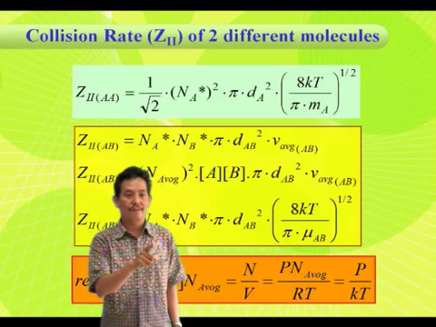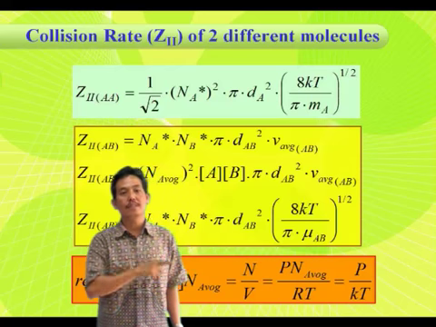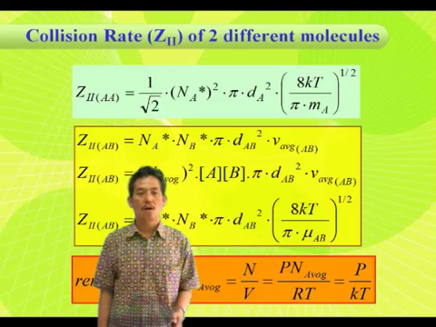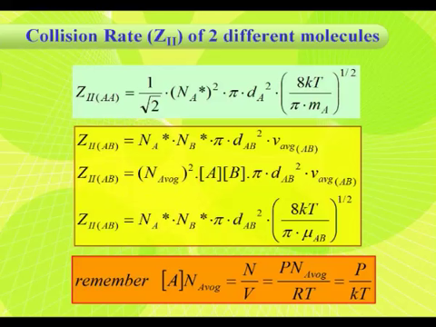Now if we have collision between different molecules, let's say A and B, the collision rate of molecule A and B, just replace dA, the radius of molecule A, by the distance between the two centers of molecule A and B, and also V average is V average of A and B, not only A. Just replace it, and we get the equation.